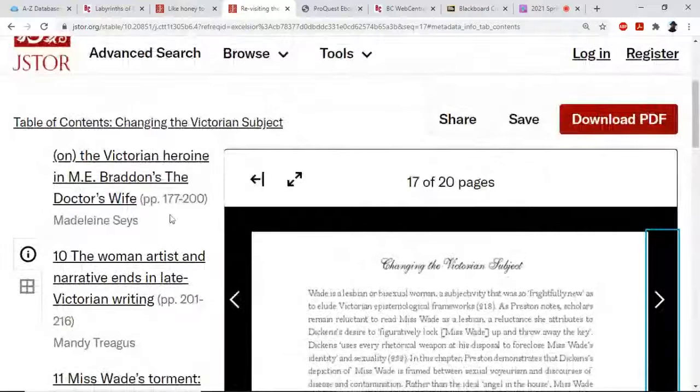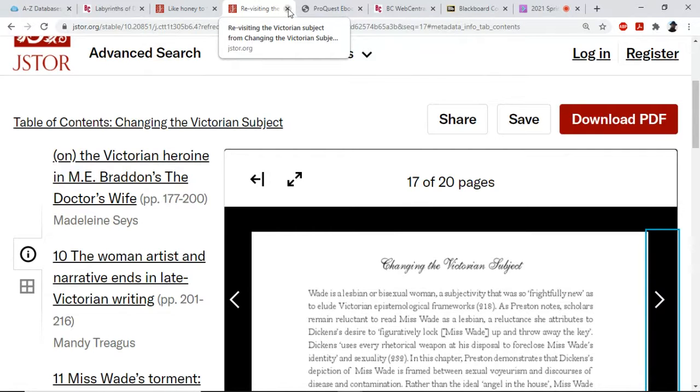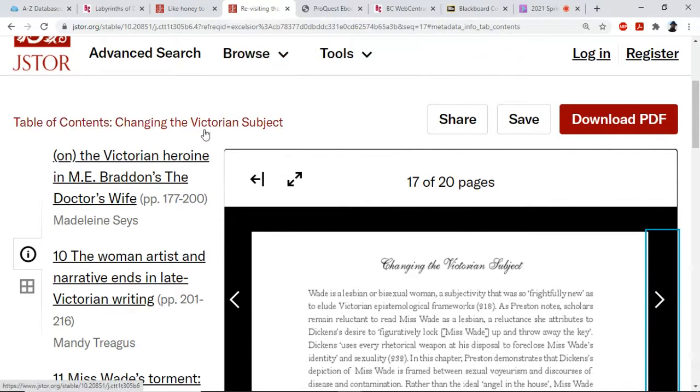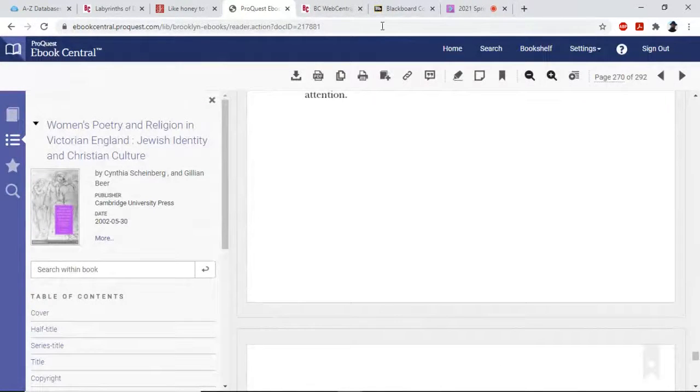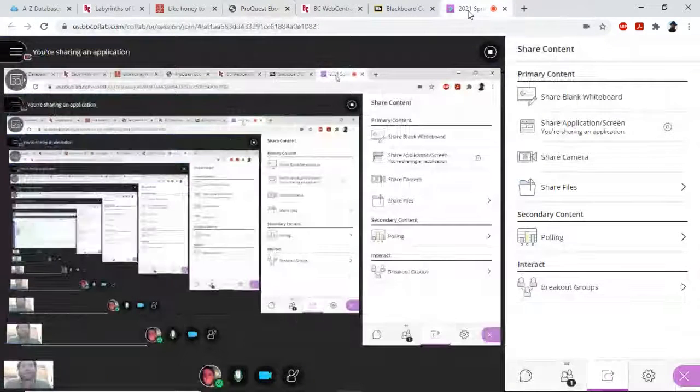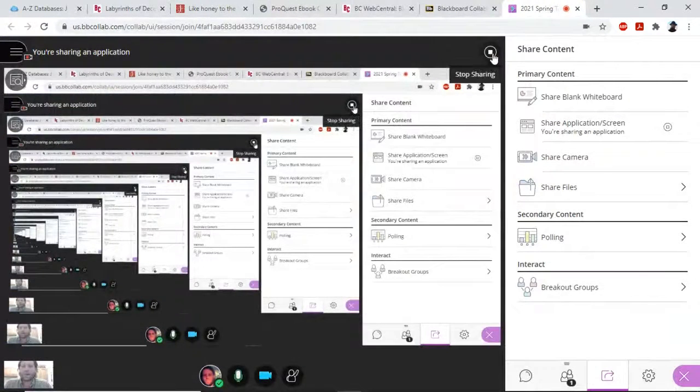I think it's safe to say at this point that we can put this book back on the shelf, back on the digital shelf, right? So maybe take a quick note of the title, Changing the Victorian Subject, and then maybe just take a note, probably not useful, okay? And then you can put it back on the shelf and not worry about it, unless you notice that it kept coming up again and again in other things that you're researching.